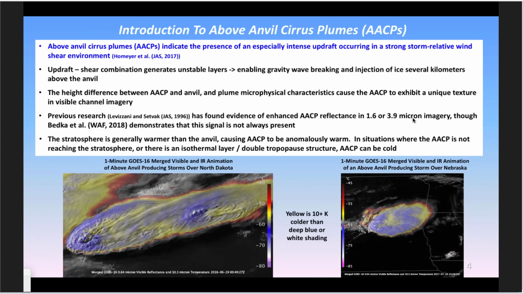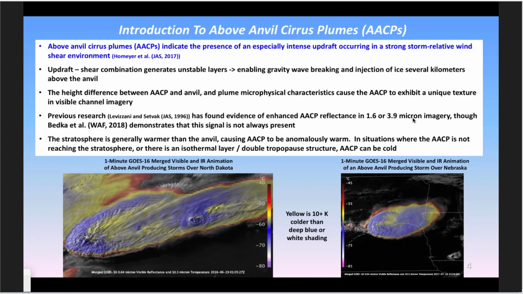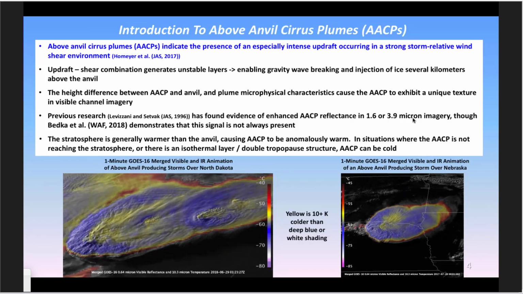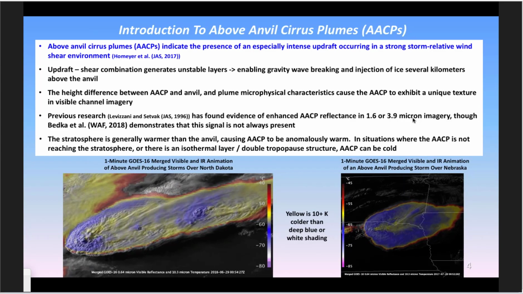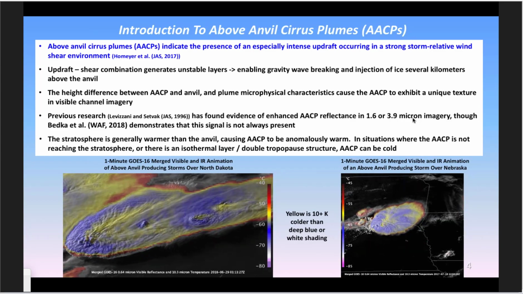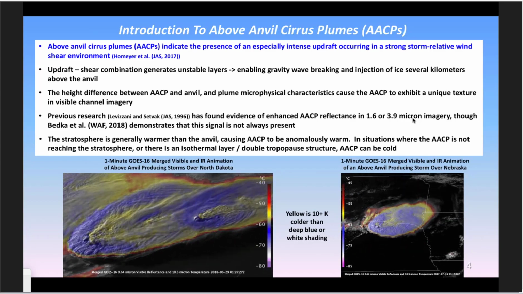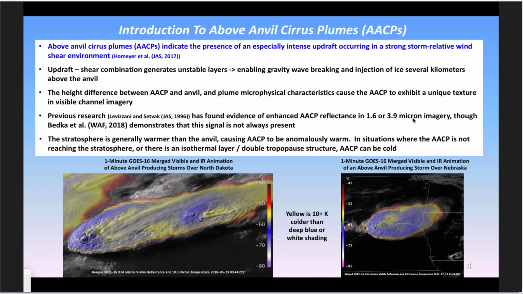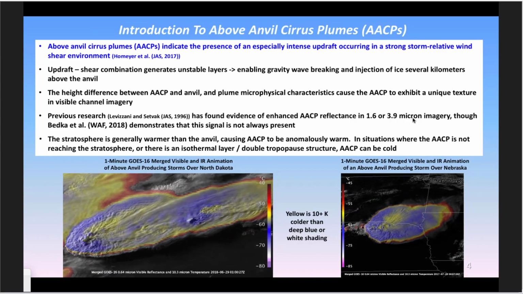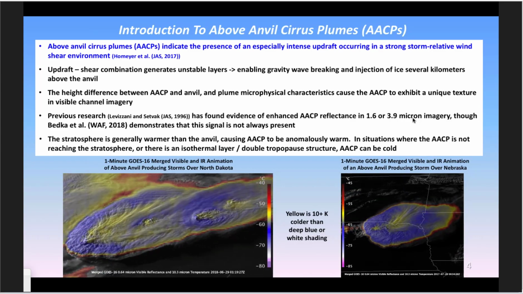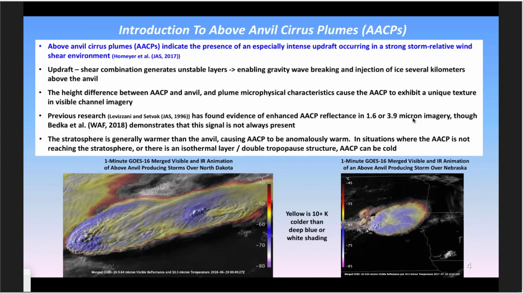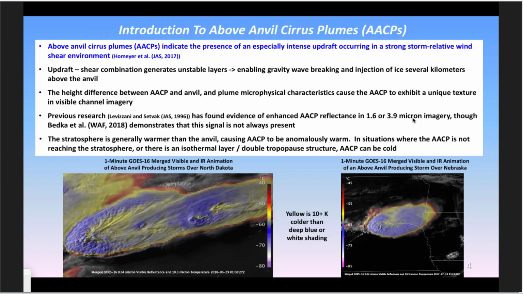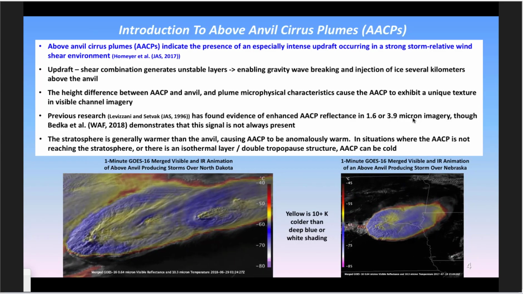And then that gravity wave breaking enables detachment of cirrus cloud material from the overshooting area, and then the ambient winds project it downstream. And you can have these plumes, as you're seeing in the lower left, in some storms over North Dakota, and then the lower right in storms over Nebraska and South Dakota here. You see that these plumes can stretch for sometimes hundreds of kilometers and be generated for several hours continuously.